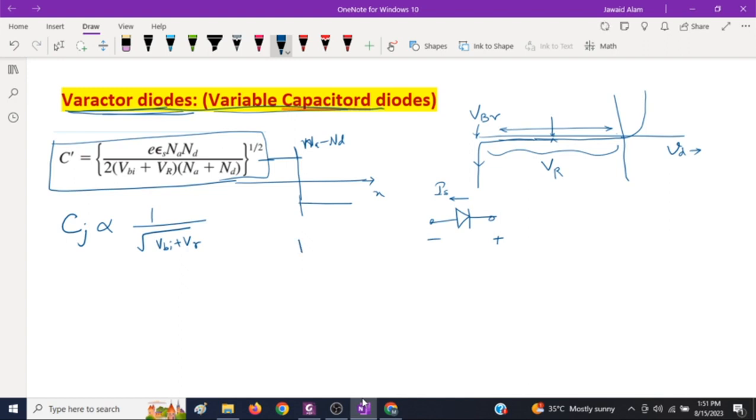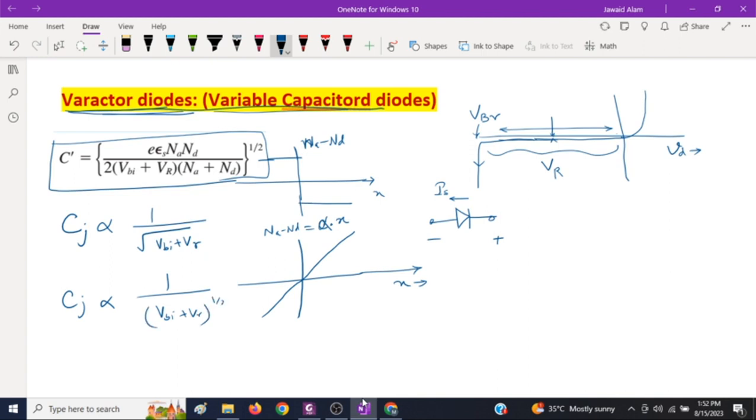If you do the same calculation for a linearly graded junction like this, so Na minus Nd is equal to some constant, let's say alpha into x, then Cj will be proportional to 1 by Vbi plus Vr to the power 1 by 3.